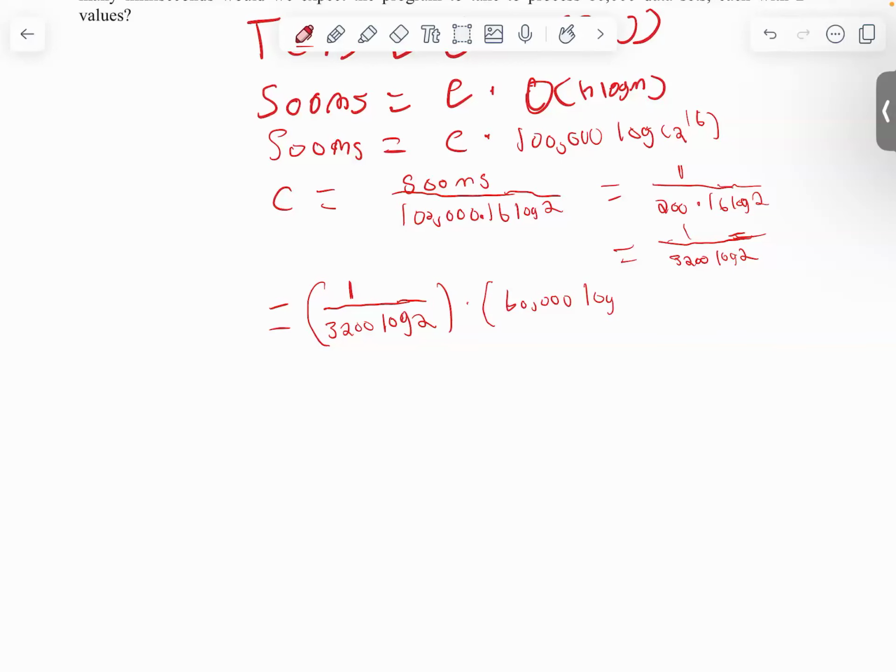Same trick we did last time: we can move that 20 to the front and have it be 20 log 2.